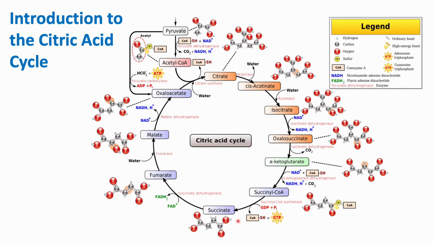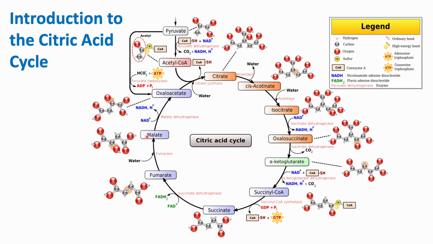Now succinate will be converted into fumarate via succinate dehydrogenase. So we have a dehydrogenase enzyme, so we're going to reduce an electron carrier. In this case, it's going to be FAD. FAD is going to be reduced to FADH2. So now we have fumarate. Now fumarate is going to be converted into malate via the enzyme fumarase, and water is going to be introduced into this reaction.